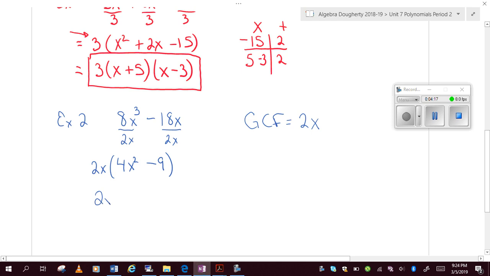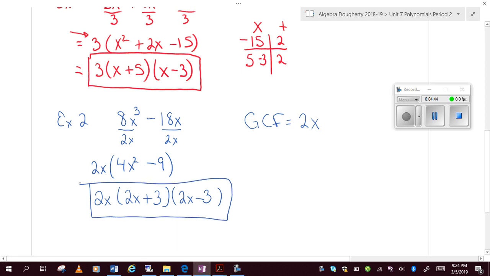So we'll take 2x, and remember, in the first spot of each binomial, we put the square root of the first term, 2x and 2x, and in the second spot of each binomial, we put in 3 and 3, which is the square root of 9, and we have both a positive and a negative sign to finish factoring completely. We did 2 things. You can do more than 2, but that's all we have so far.